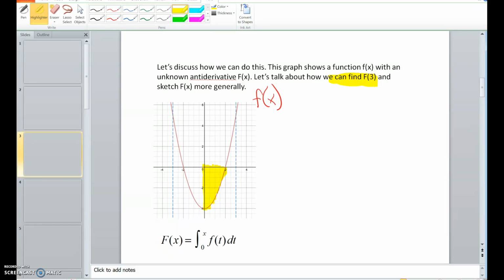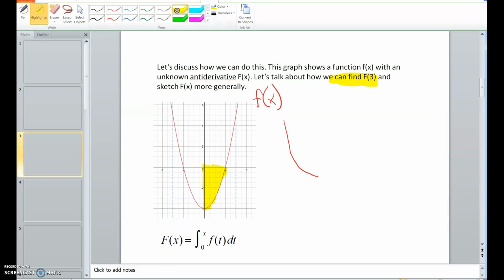Capital F has started off as decreasing pretty quickly at 0, but now by the time we get to x equals 2, the derivative, little f of x, is now equal to 0. So that means that capital F of x was decreasing quickly and has now gotten to a point where it's about to turn, because the derivative is switching from negative to positive.